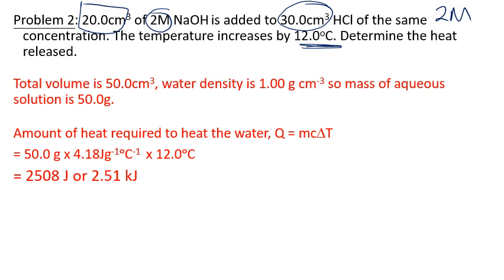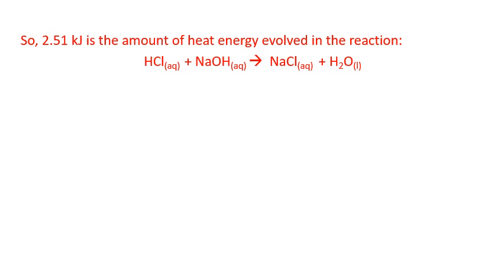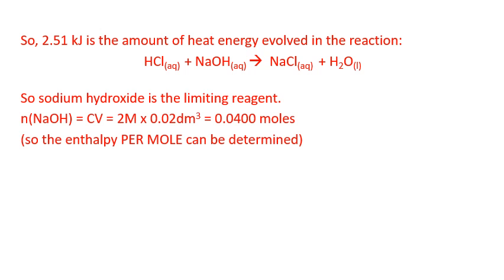However, we also have to do it from the perspective of number of moles, because remember, the heat release is going to be in kilojoules per mole. So 2.51 kilojoules is the amount of heat released in the reaction of hydrochloric acid reacting with sodium hydroxide to give salt and water. So the sodium hydroxide is therefore the limiting reagent. The number of moles of sodium hydroxide is going to be C times V from stoichiometry. We plug the numbers in, we get 0.04 moles.